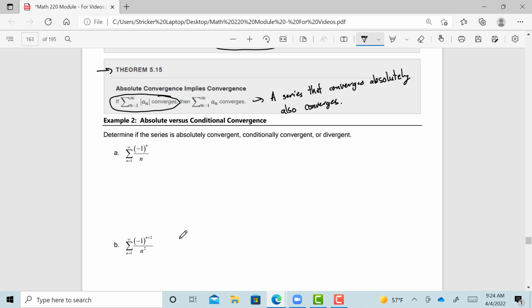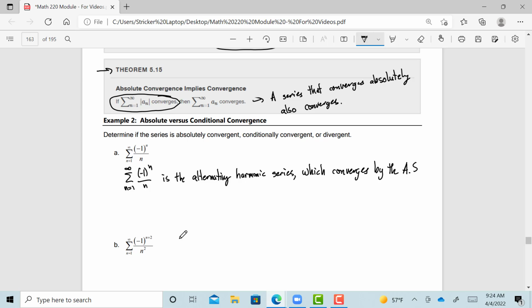So first, the sum from n equals 1 to infinity of negative 1 to the n over n is the alternating harmonic series, which converges by the AST.